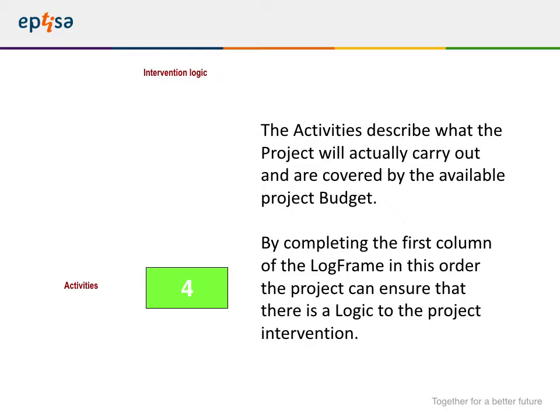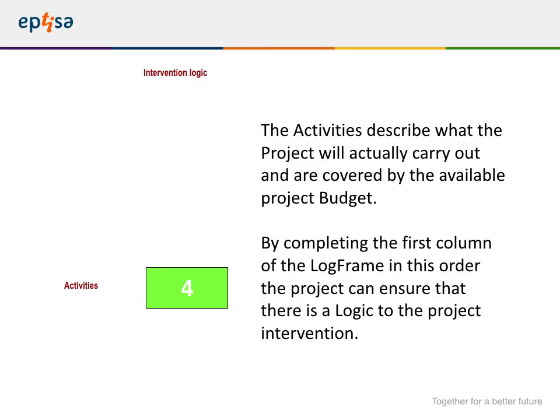The activities are what will be paid for through the project. Whether this is research, whether it's a technical drawing, whether it's the building of an item, the activities are what most people think of when they think of a project. It is what the project does.